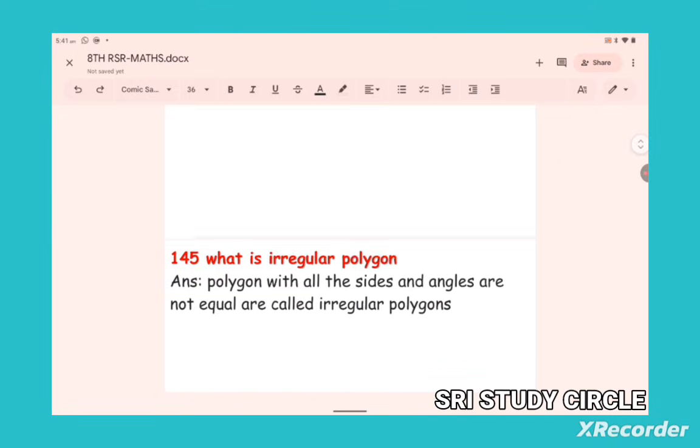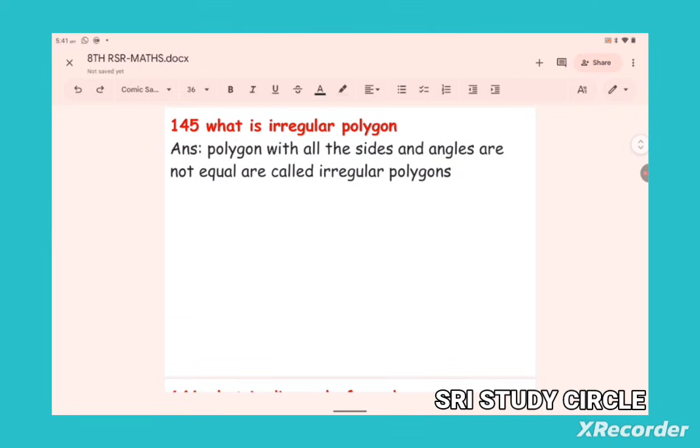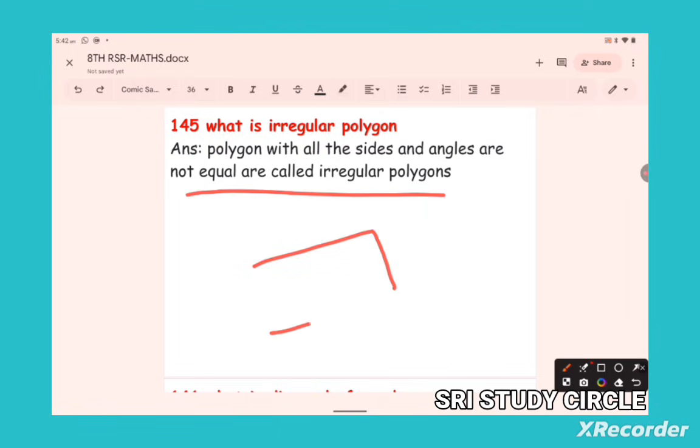Now next question. What are irregular polygons? A polygon whose sides and angles are not all equal is called irregular. Suppose this is a rectangle, this is an irregular polygon. All sides are not equal here. Square is a regular polygon.